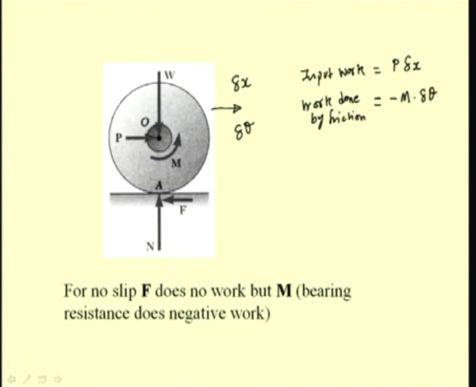The negative sign comes from the fact that the wheel is rotating in the clockwise direction and M is in the anti-clockwise direction. So, the work done is negative, and from our virtual work principle this total work done is 0. So, we have P delta x minus M delta theta equal to 0, and this is the negative work done by the friction.